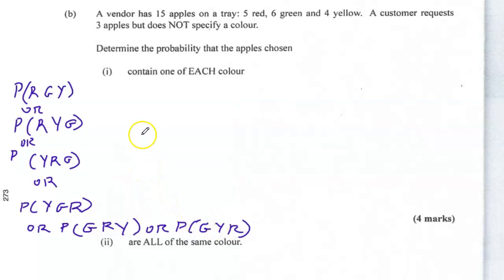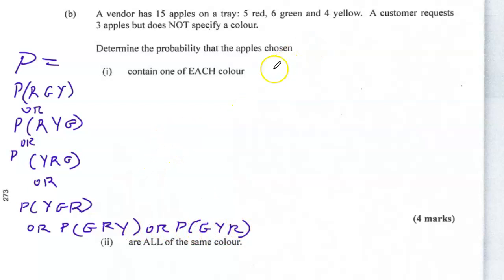Alright? So the probability of containing one of each color could be these possibilities. So these are all the possibilities.